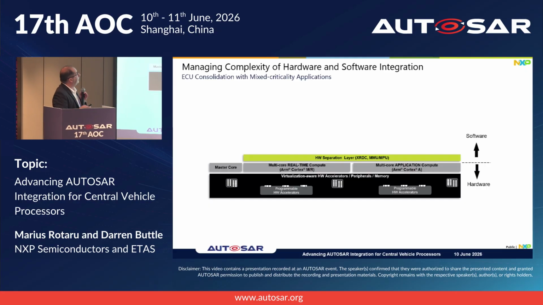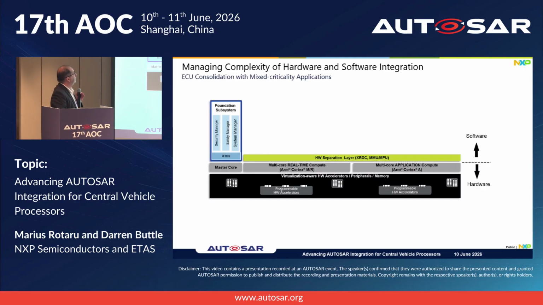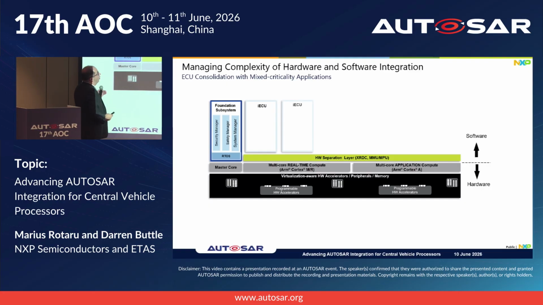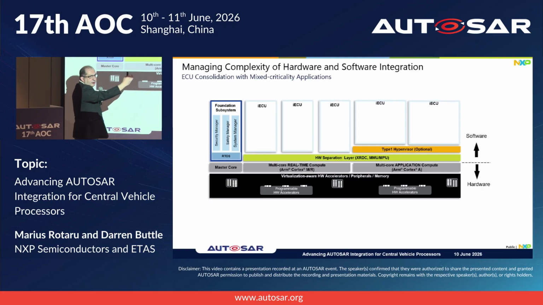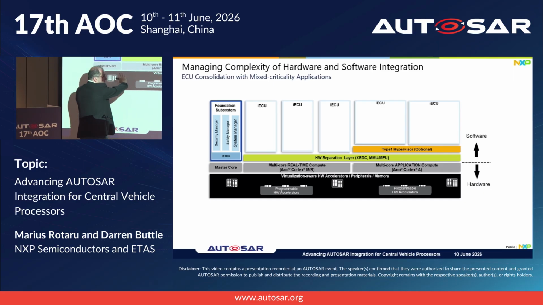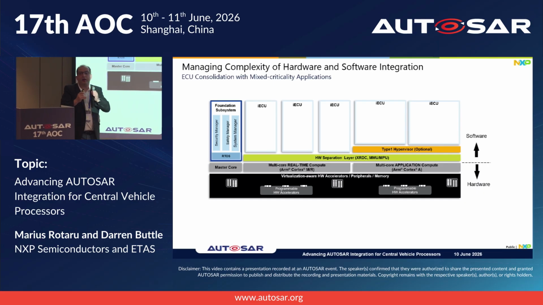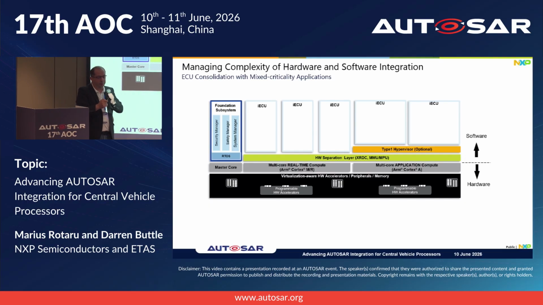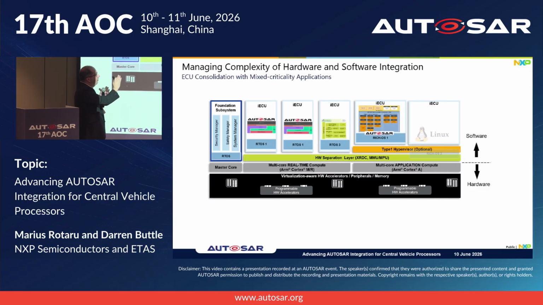And this basically allows us to manage the complexity by doing proper software and hardware integration. We basically have the hardware. With the help of the foundation subsystem, we partition the hardware into multiple ECUs, which are basically running on the same hardware platform. And then, depending on the type of software the OEM needs to deploy, we just deploy various types of operating systems, which can be AUTOSAR operating systems, open source OSs, all of them together keeping the isolation.